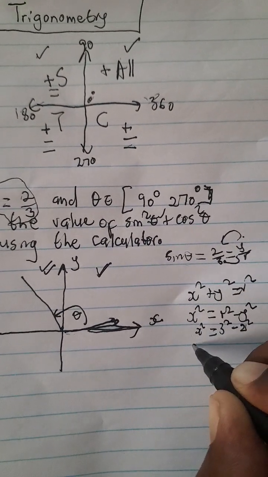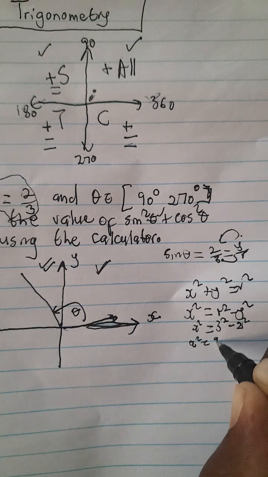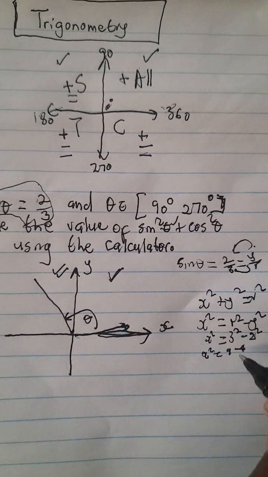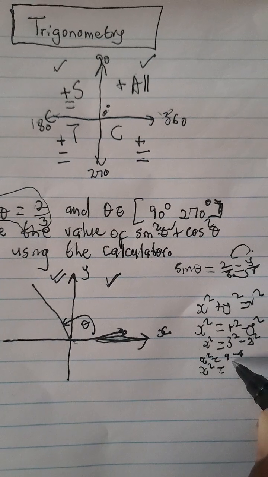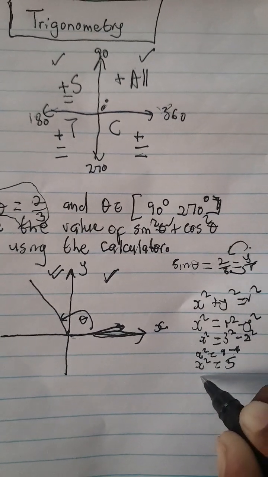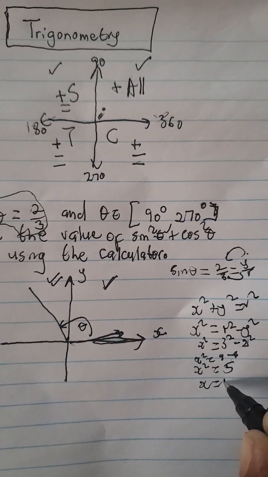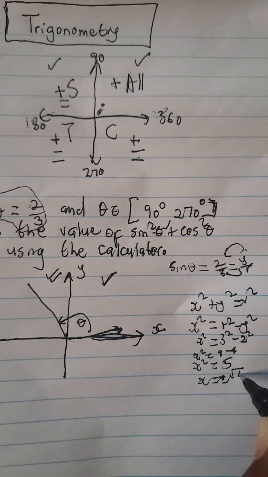Okay, then this is 9 minus 4, then this is x squared. 9 minus 4 is 5, then the square root of this will be plus or minus root 5.